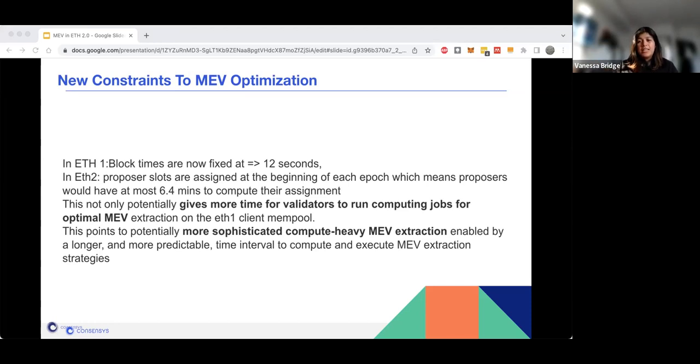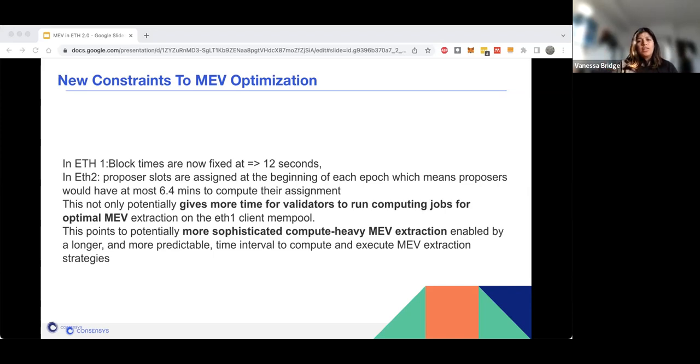And then the last point of concern, going back to these transitions from Ethereum 1 to Ethereum 2, or proof of work to proof of stake, is the changes in the protocol itself and how they will affect MEV extraction. Because currently, with proof of work, you're playing on some probabilistic inclusion, right?